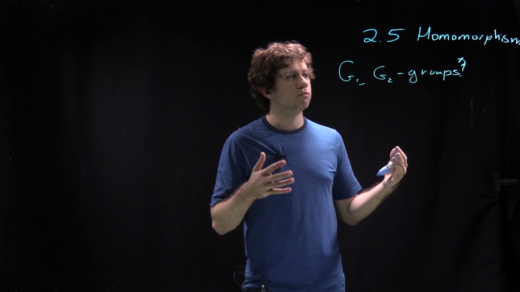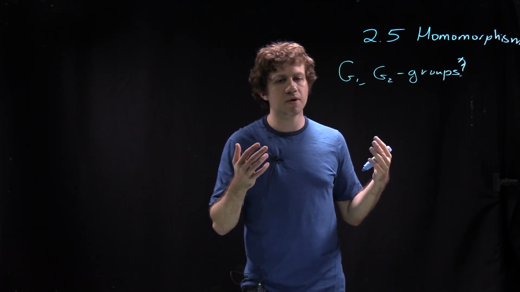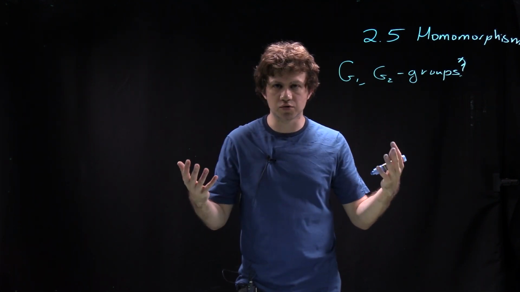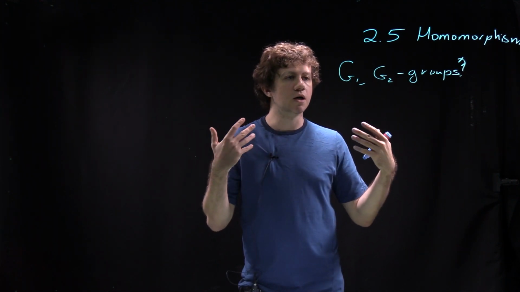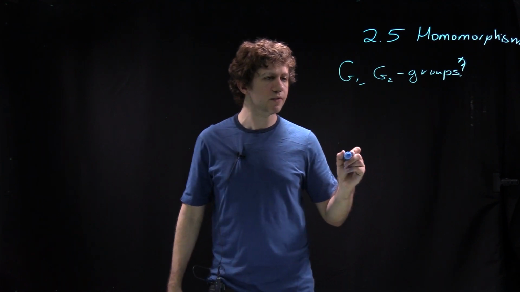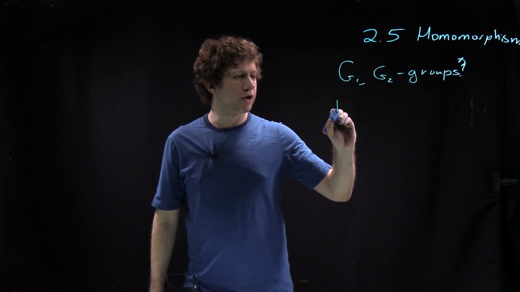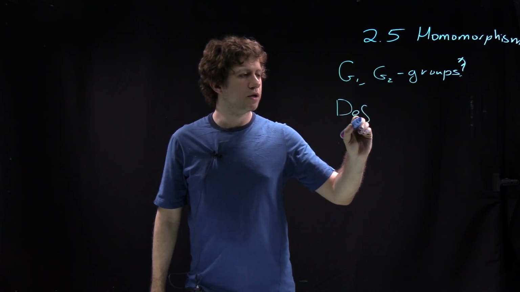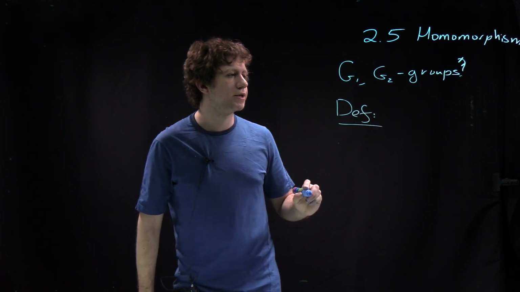And isomorphism and subgroup are just two special cases of how groups can be related to each other. Now I want to discuss something more general. So let's start right away with the definition.